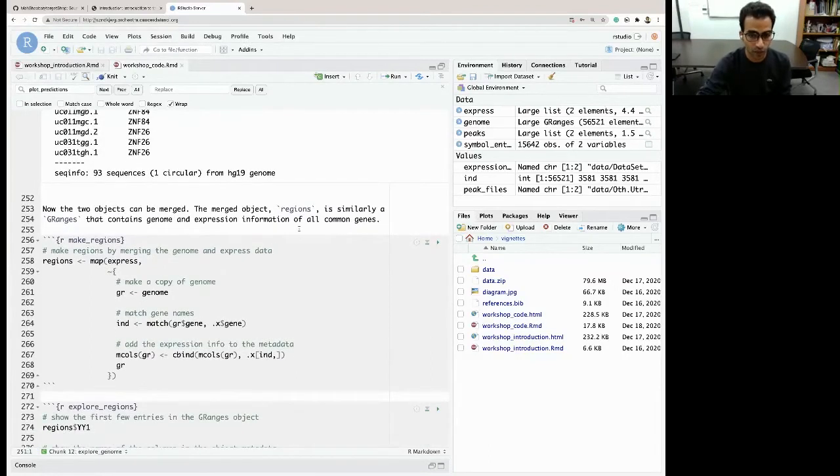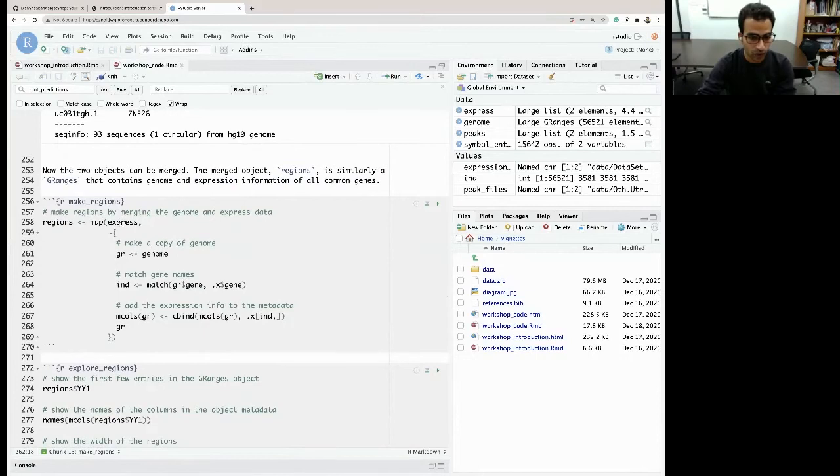So now the two objects can be merged, and we'll merge them in a new object called regions. This is also a GRanges object that contains, in addition to the genome information, the expression information. The way I do that is run map on the expression data, because it's a list of two objects, then make a copy of the genome, match the gene names from the genome GRanges to the data frame that has the expression data, and then add this data frame to the metadata of the GRanges object.